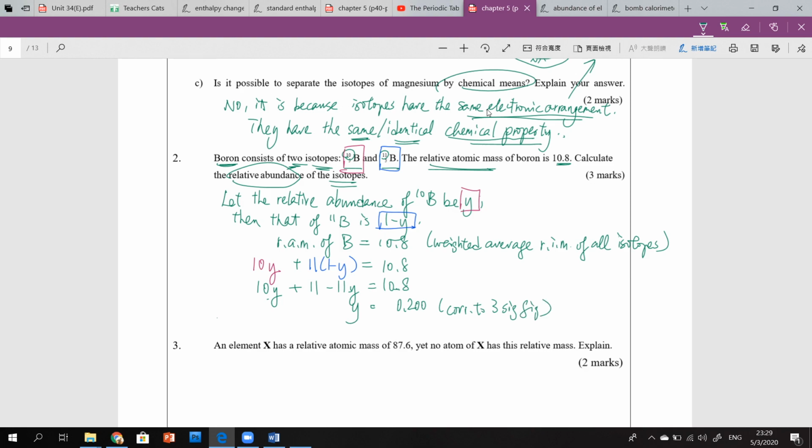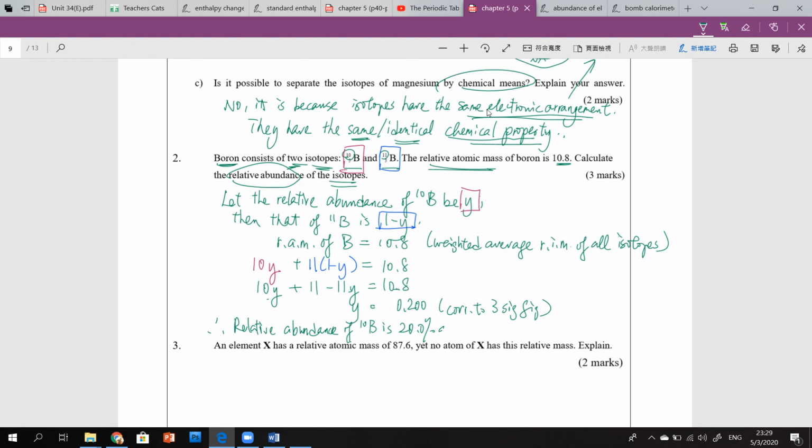So what is the answer? Y refers to boron-10, so the relative abundance of boron-10 is 20.0%.